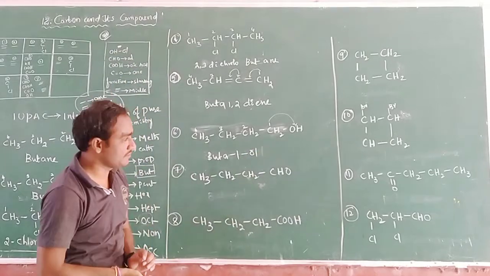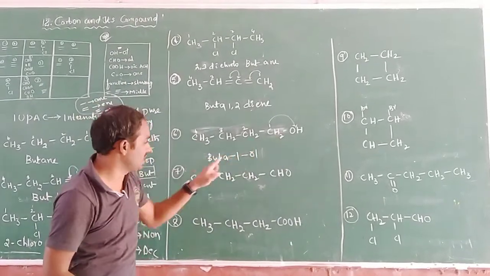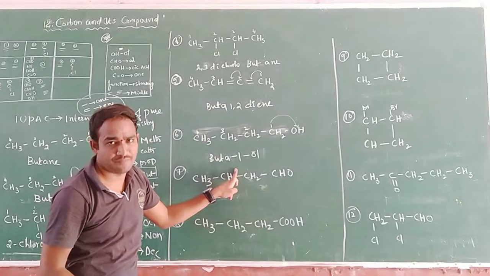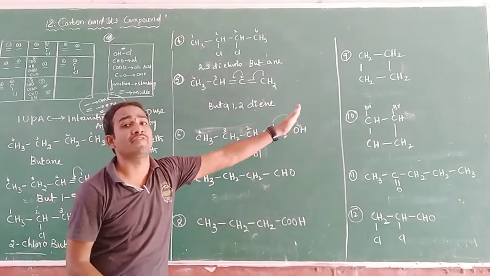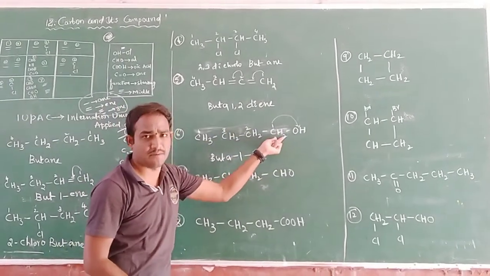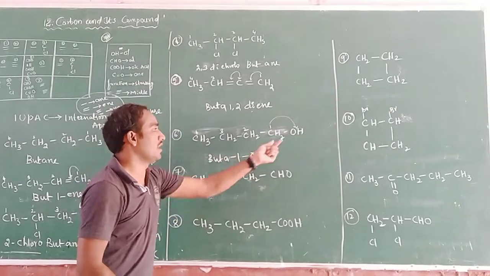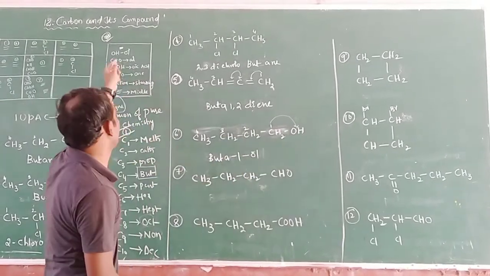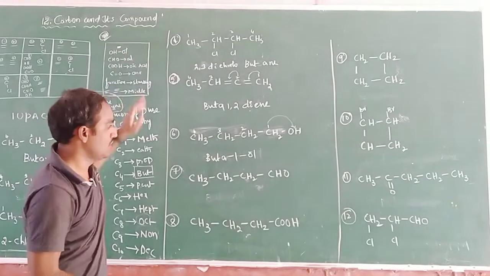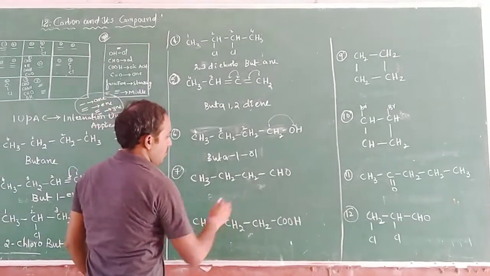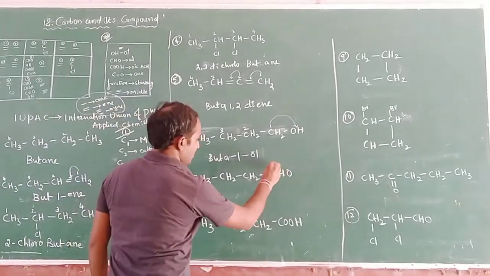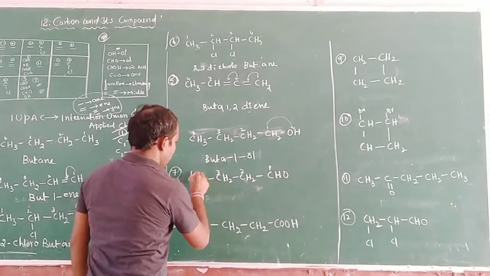See here. How many carbons? 4. That is buta. Which carbon is beside the functional group? The first carbon, that is 1. And if it is the OH functional group, what do we say? ol. And the next one: how many carbons here? 1, 2, 3, 4.